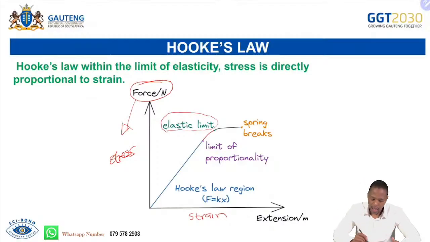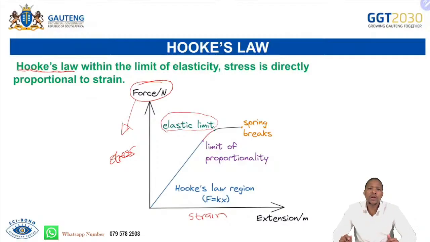But only this happens within the what? The elastic limit. At that point, it will be proportional. And this we call Hooke's law. This is who found it. Hooke found that within the limit of elasticity, the stress is directly proportional to the strain.